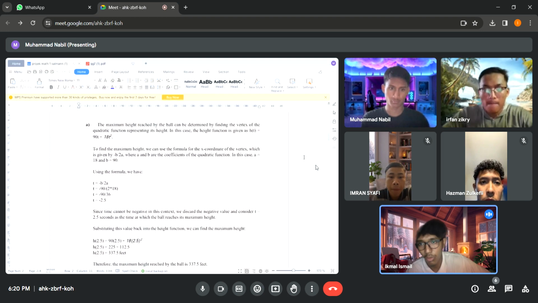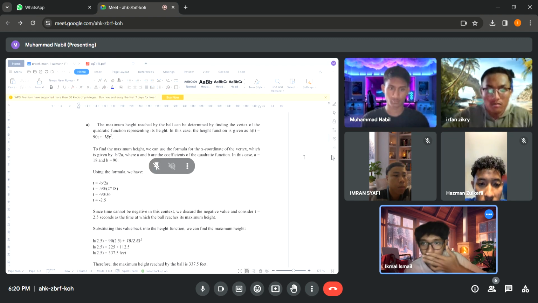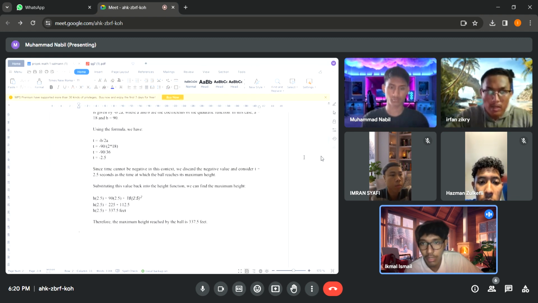Using the formula, t equals negative b over 2a, so we put the numbers: t equals negative 90 divided by 2 times 18. So the answer is negative 2.5. Since time cannot be negative in this context, we discard the negative value and consider t equal to 2.5 seconds as the time at which the ball reached its maximum height.